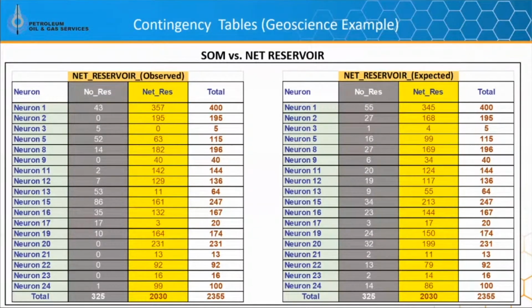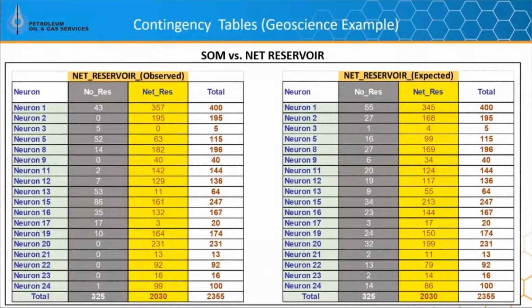So in this slide, I show you two contingency tables built from the count of net reservoir property by neuron. At the left, we have the contingency table of lithological contrast SOM versus the net reservoir categories. Net reservoir has two categories. The first one, net reservoir itself, that has the storage capacity, the porous space, and the no reservoir part of this.